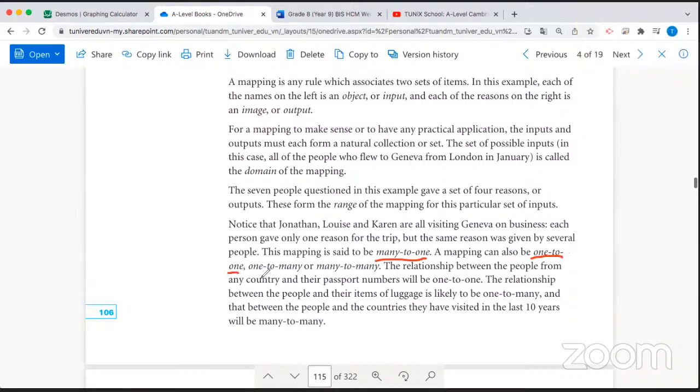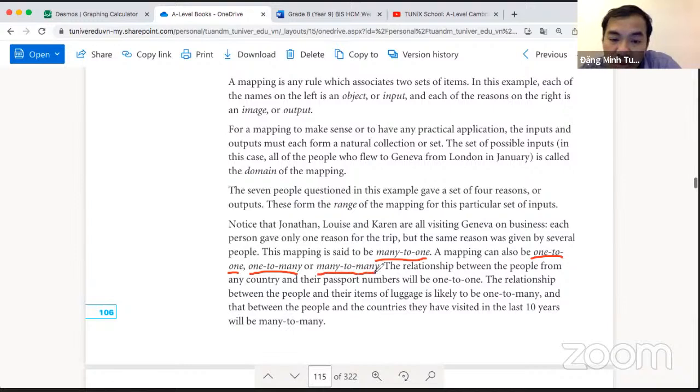Or maybe one person to many destinations. Or maybe many people go to many destinations. Understand that? Many to one, maybe one to one. That means some kind of relationship that we must study.